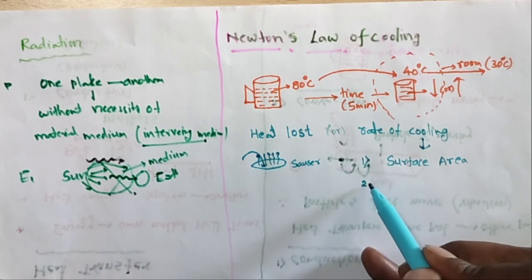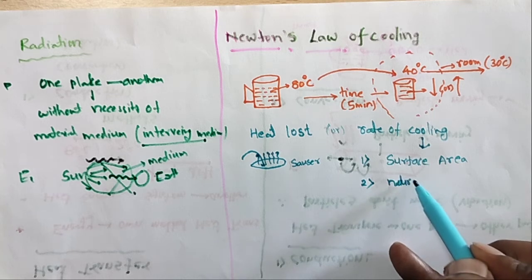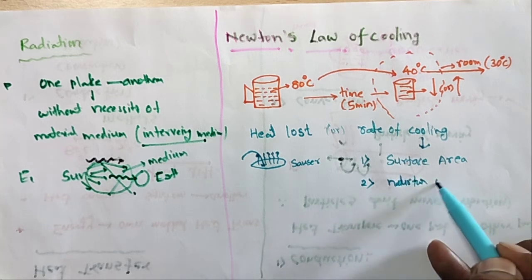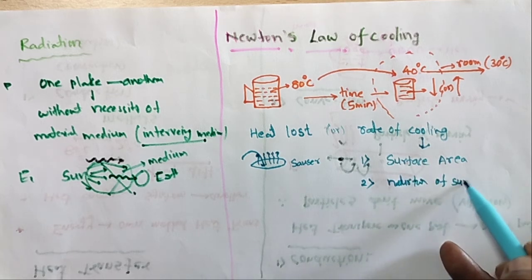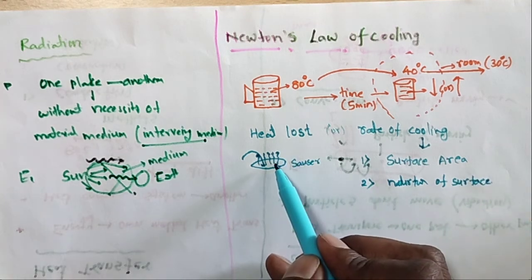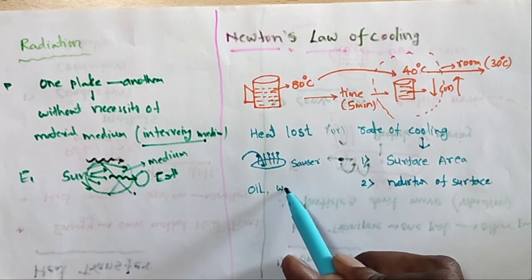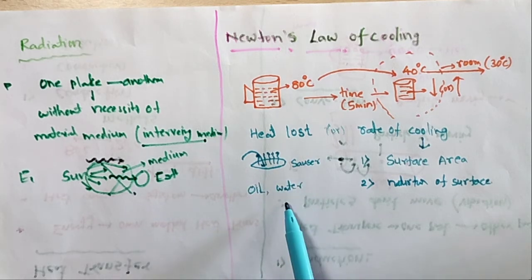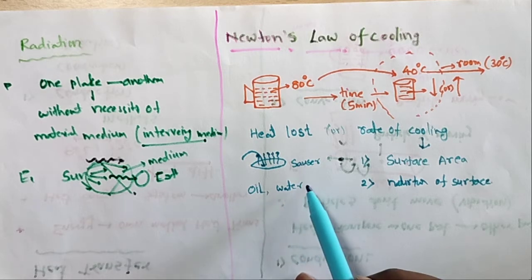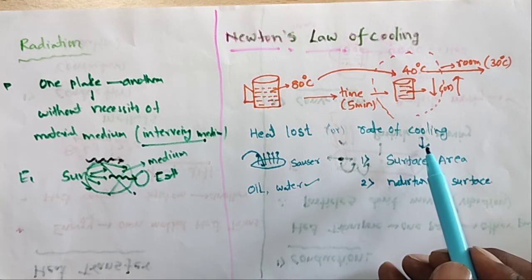The second factor depends on the nature of the surface. Nature of the surface means, let us take oil in one case and water in the second, different substances. Which cools faster? The water cools faster. So the nature of the surface also affects the rate of cooling.